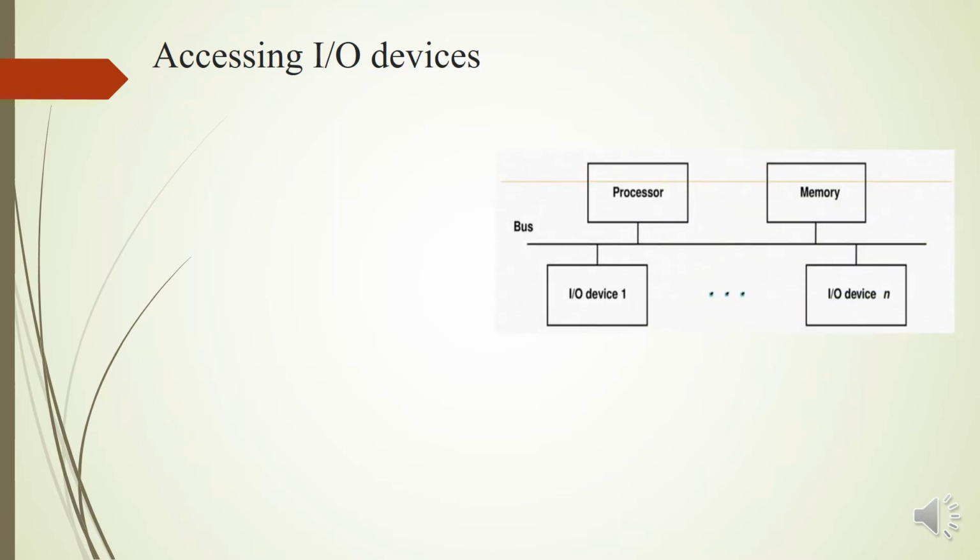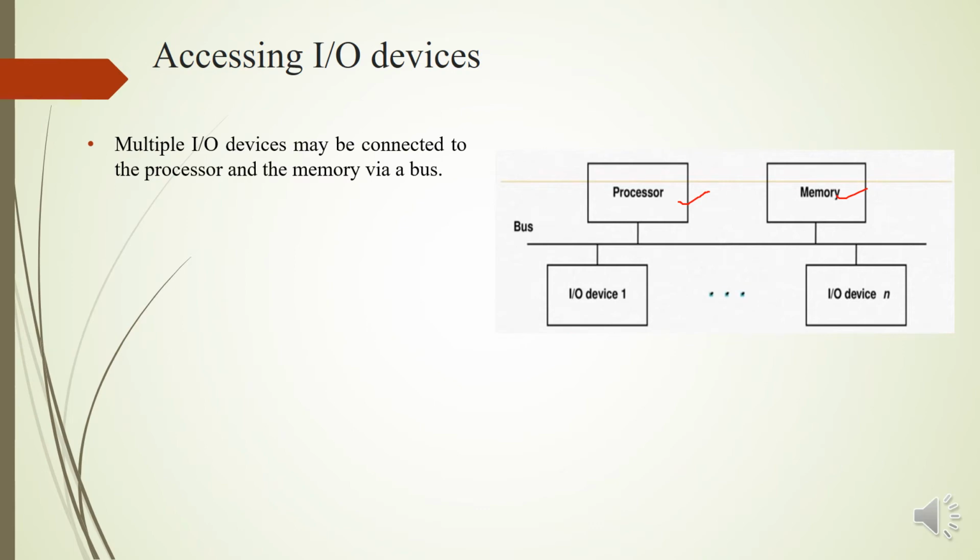Accessing of I/O device. Consider a number of I/O devices designated as I/O device 1, I/O device 2 up to I/O device n, which are connected to the computer system through a single bus. This is the processor and this is the memory, which is also connected to the system bus. Multiple I/O devices may be connected to the processor and the memory via bus.